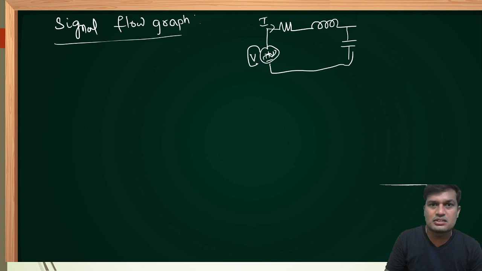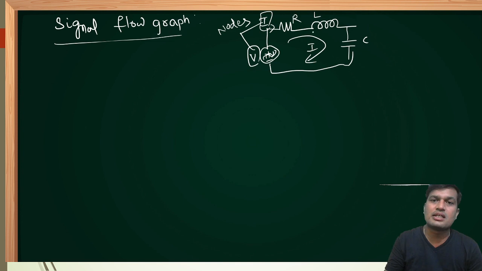Voltage and current are both independent, and those are represented by nodes in a signal flow graph. The resistor, inductor and capacitor are dependent on the voltage and current sources, and these are represented by branch gains in the signal flow graph. I hope everybody understands.